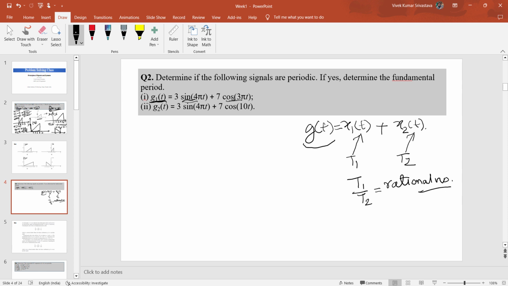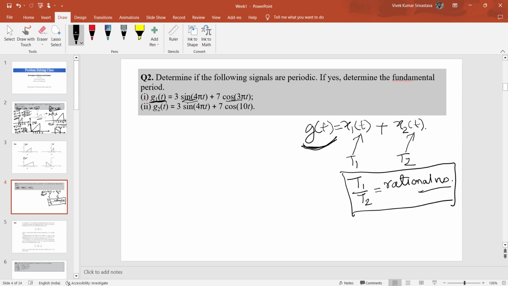If it is a rational number, then we can say that g(t) is a periodic signal. Otherwise it is not a periodic signal.